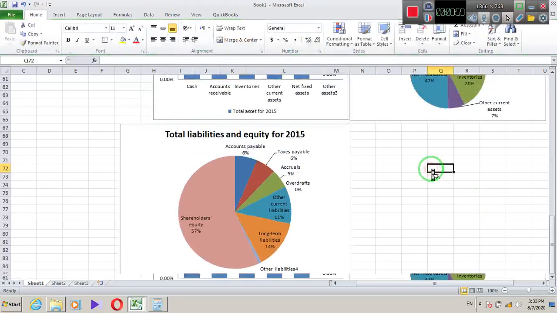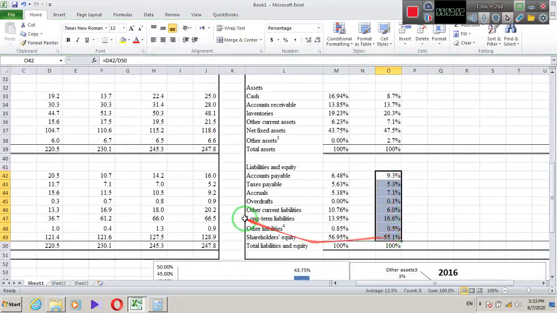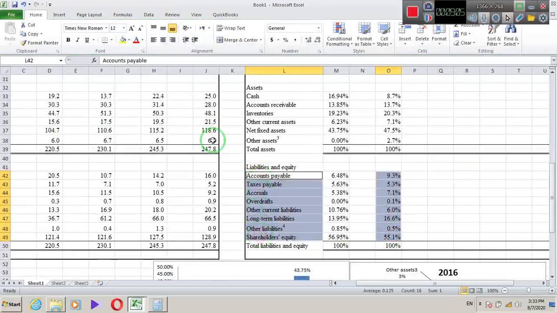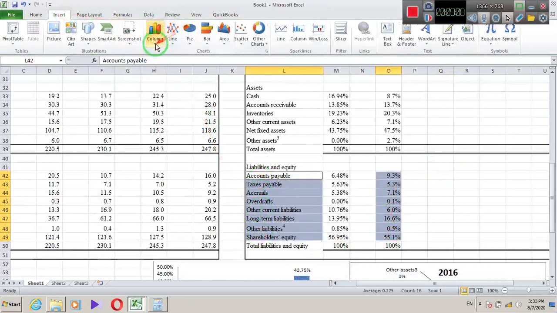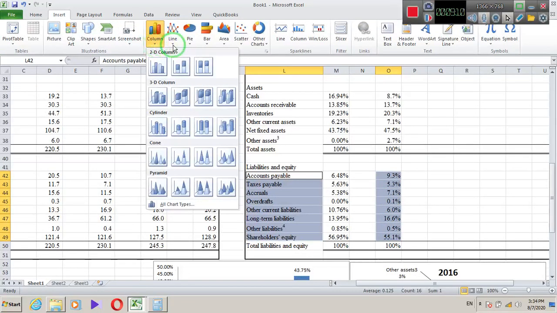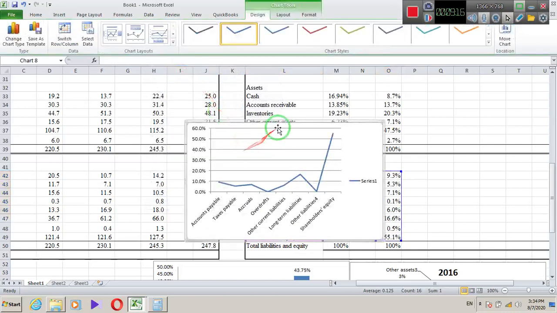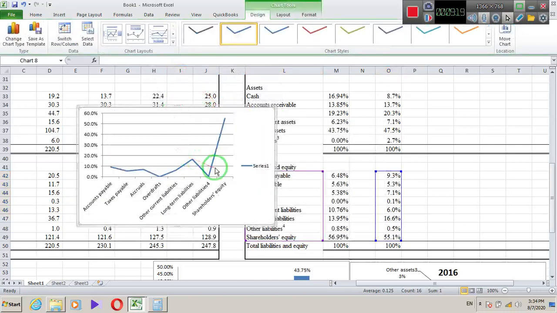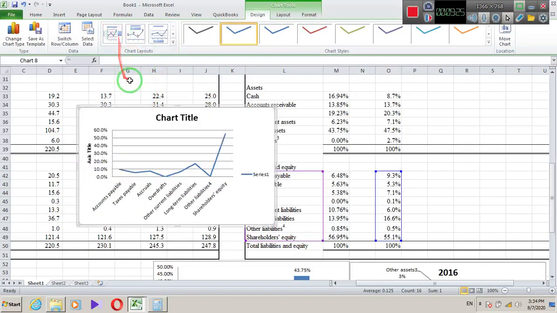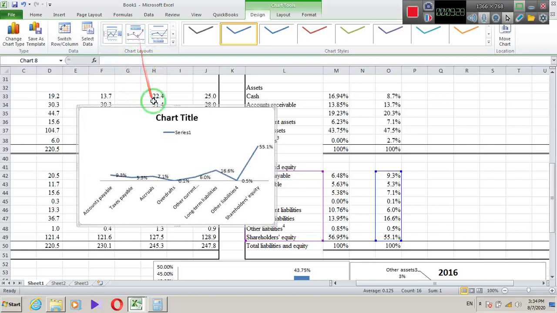Same as for liability, we can also draw a chart. So we are going to insert chart of this one, or we can also put chart of this one. See, that is account payable, giving the percentage, or we can say this way: account payable 9.3%, tax payable 5.3%, accrual 7.1%, overdraft 7.1%, other current liability is like that.